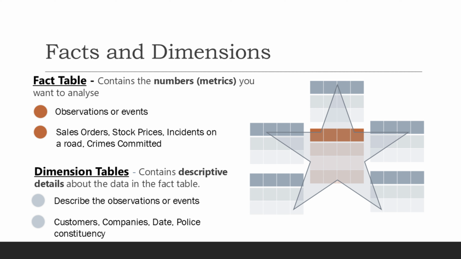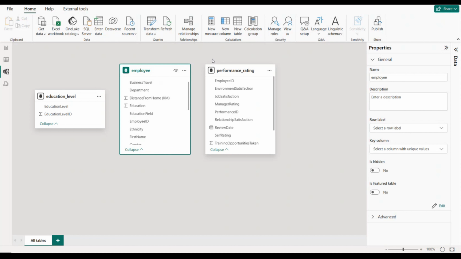Then the dimension table is a table that looks up information in another table. So if I say my employee table is my fact table, the performance rating table can be used to ask questions: what is happening in the employee table? That's what the dimension table would do.